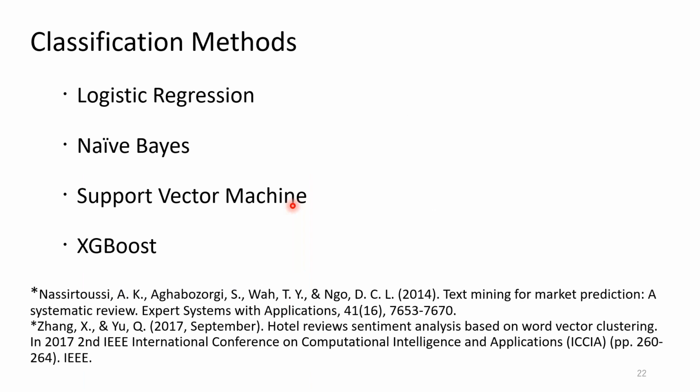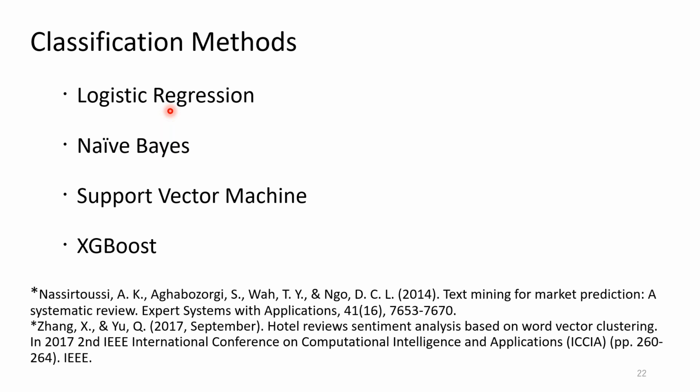First, classification methods. As classification methods, I use these four methods based on the literature review. Logistic regression is the most popular method for binary classification, and data scientists use this model as a base model, so I use it here.